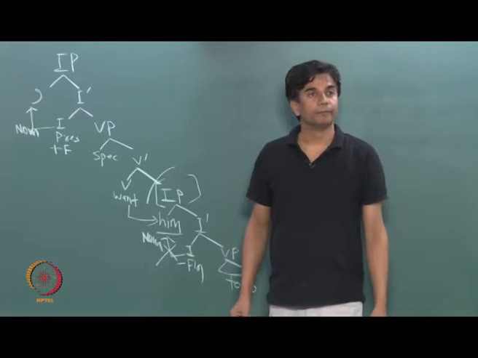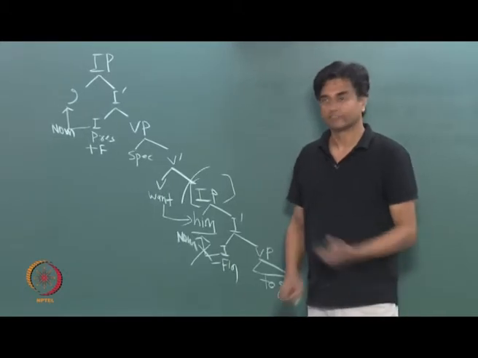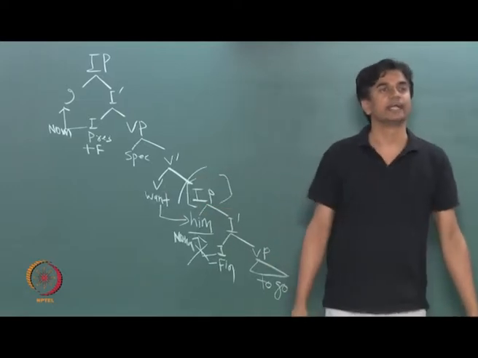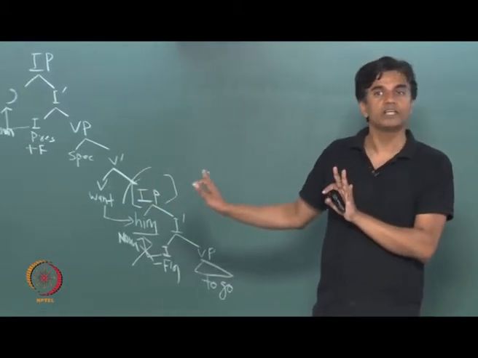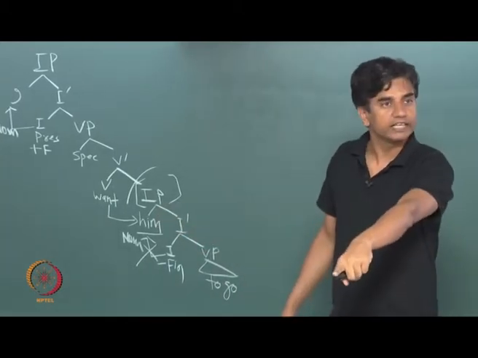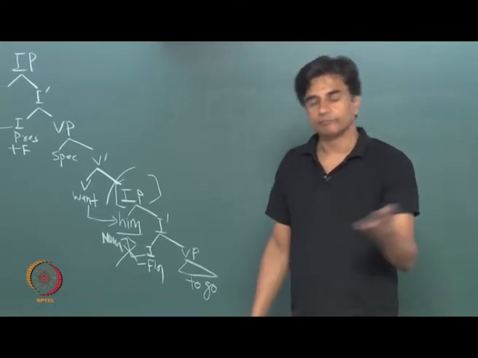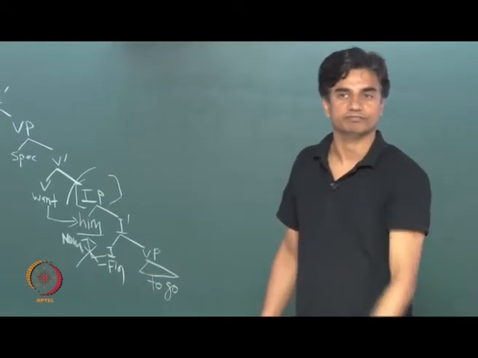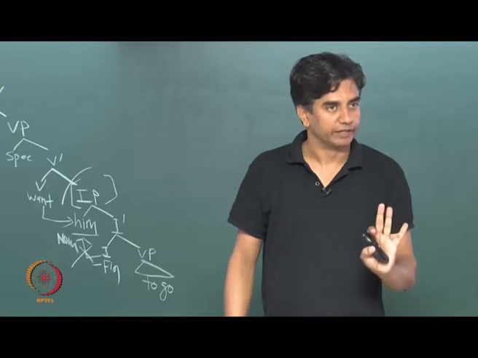But we see something beyond this happening, which is V actually does not care for this kind of a barrier, and violating the barrier, it still assigns accusative case to this. That is the only way we can explain this problem. So, we are not making any change to this notion of government, but we say that this type of sentence ends up violating this definition, and still V happens to assign accusative case to the NP.